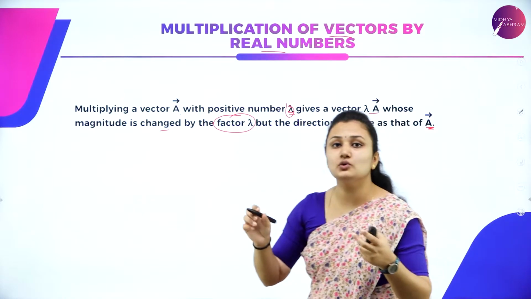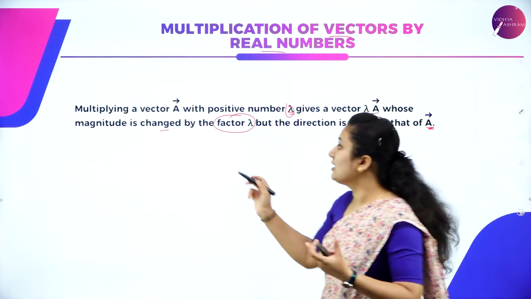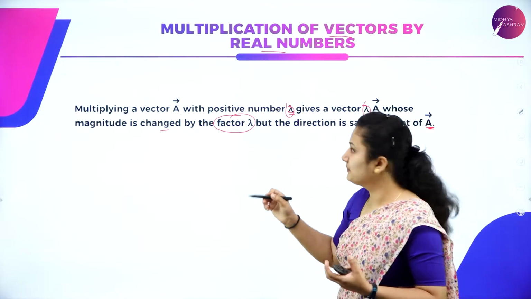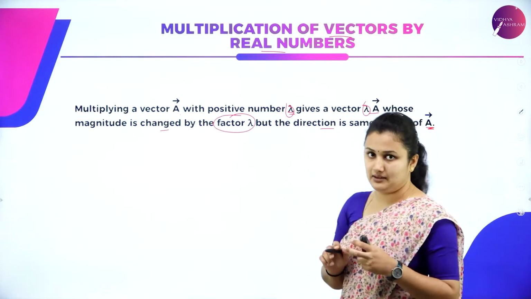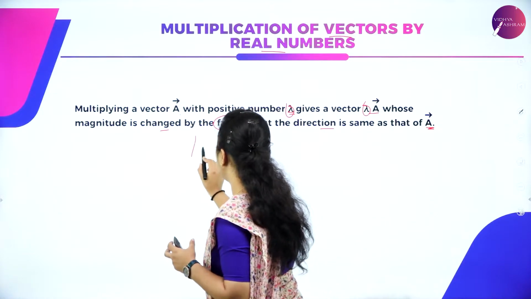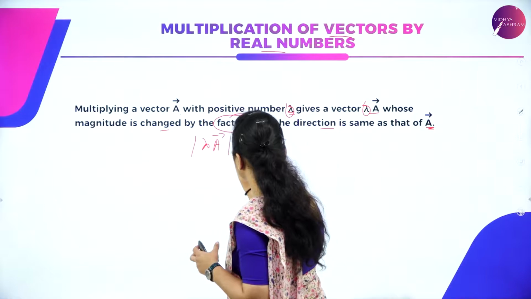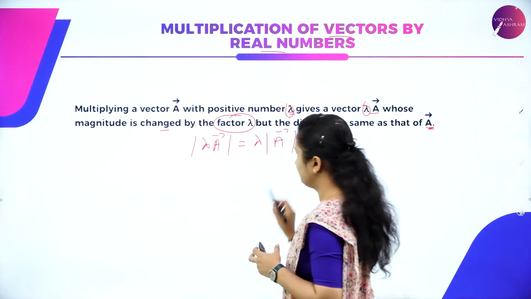It will give you a new vector, that is lambda A, whose magnitude is changed by this factor lambda, but the direction will remain same as that of A. It is given as mod of lambda A vector is equal to lambda times the magnitude of A vector.